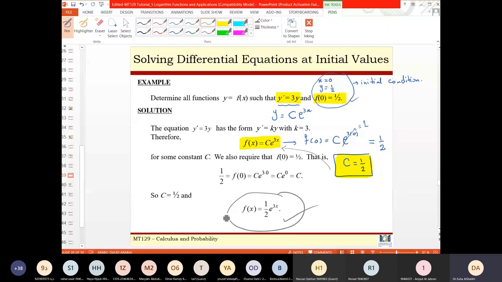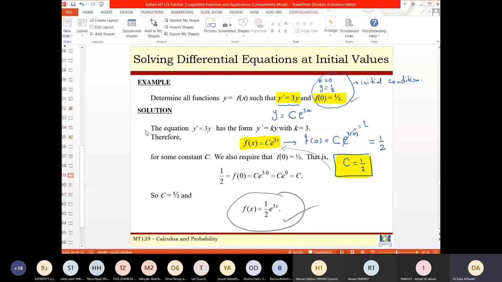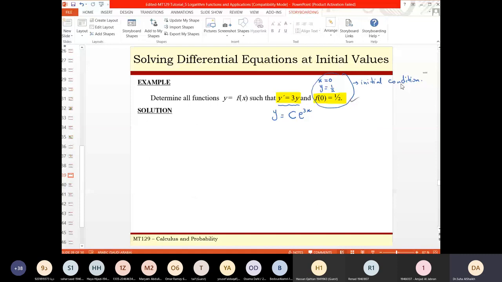You want me to do this again? Let me do it again. This is very important, and this is one of the things that comes in the exam, comes strongly, in the final. They give me a differential equation. They didn't say it's a differential equation, but I know that it's like y dash equal to 3y.